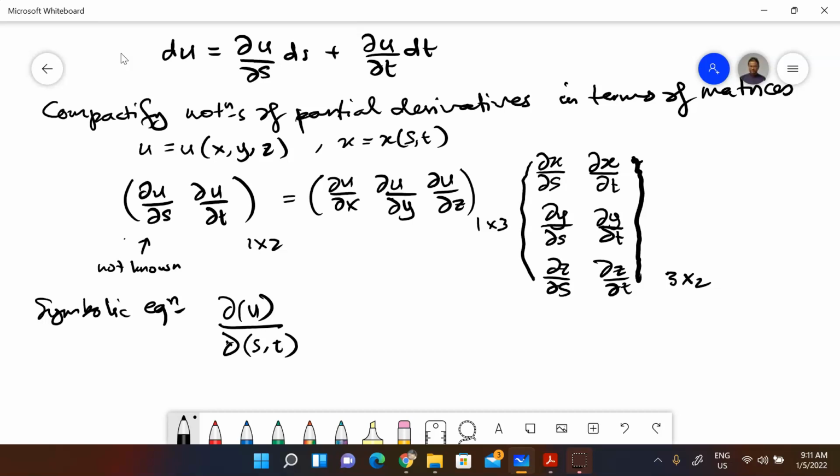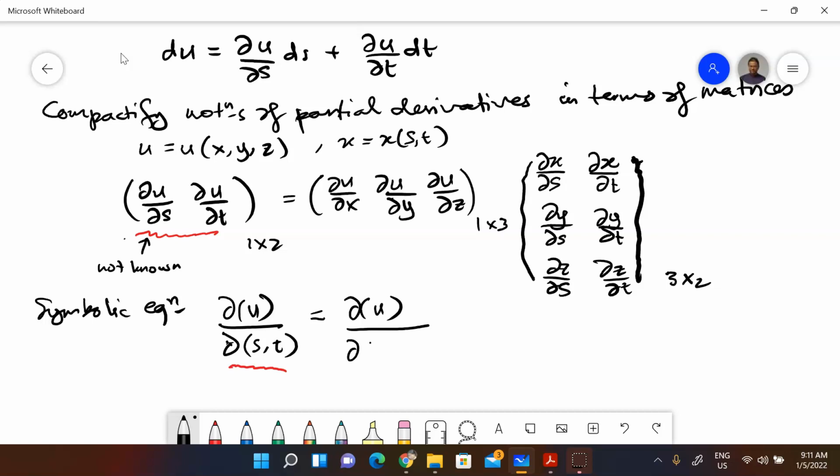So this part, let me put a different color here, is symbolically represented by this. So your u is your function, and your s and t are your variables. And then this will be equal, as the symbolic equation. Again, what are the functions? The function is u. And what are the variables in this particular case?